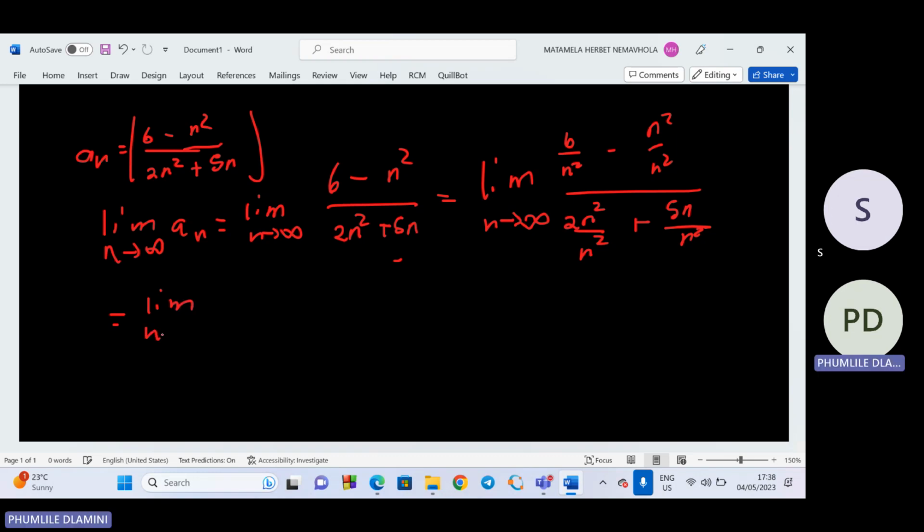Then the limit when n approaches infinity. We know that the limit when n approaches infinity of 6 over n squared is 0. If you want to rewrite it properly, it's not really necessary, but you can show it.